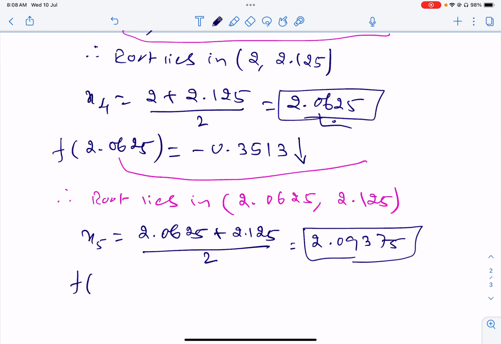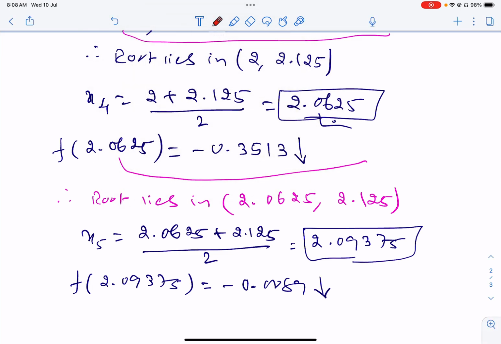Then next, find f of 2.09375. You use the calculator and you will find that this is negative 0.0089. So it is negative.